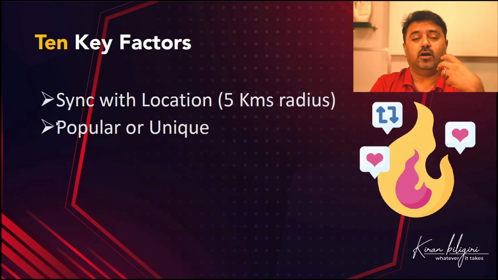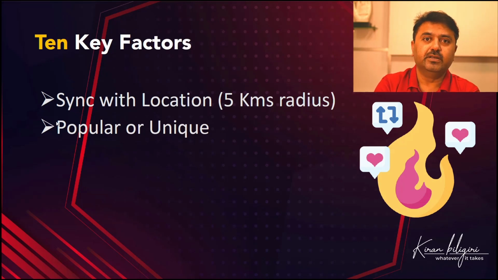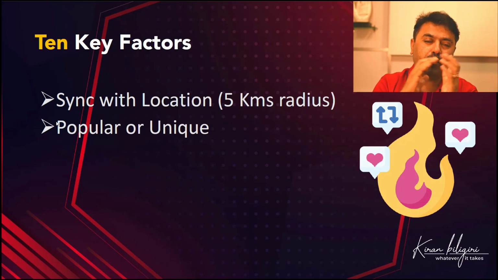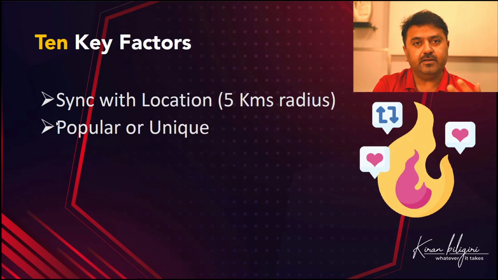What I would recommend for anybody who's starting out is a mix of popular dishes, greatly evergreen comfort foods or aspirational dishes, but something that is being ordered and is in demand. That should form 70-80% of your menu.